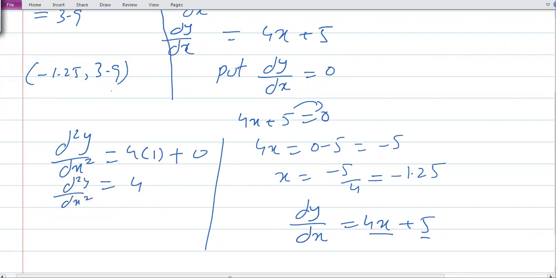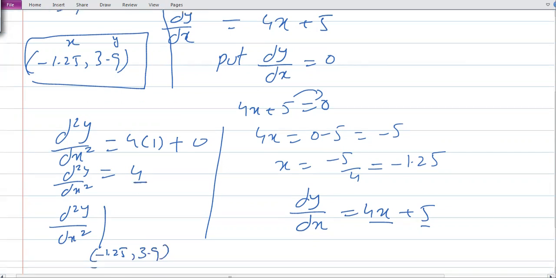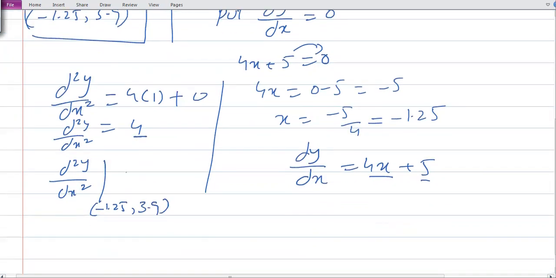Now what you should do, put this point in this one. You know, this one is x, this one is y. So I will say d2y over dx square at this point minus 1.25, 3.9. You can see we don't have any x or y here, so it will not change. It will still be 4. This one is greater than 0, meaning you got a positive answer.